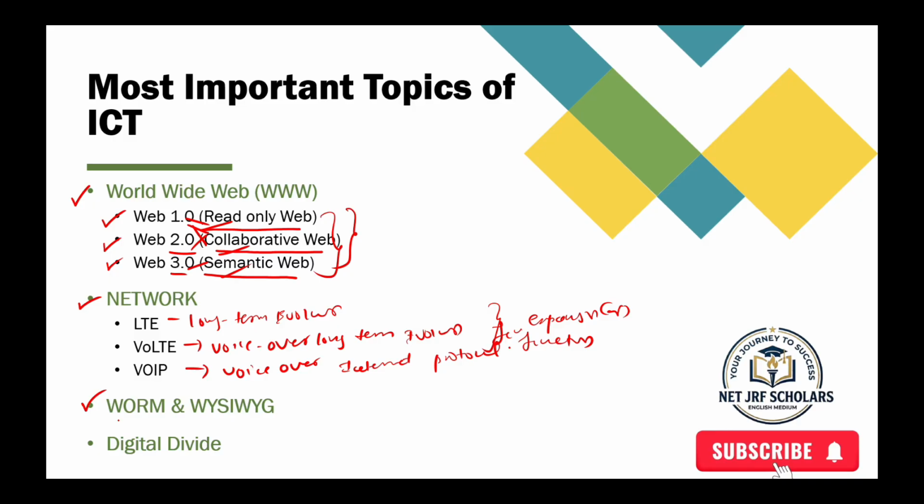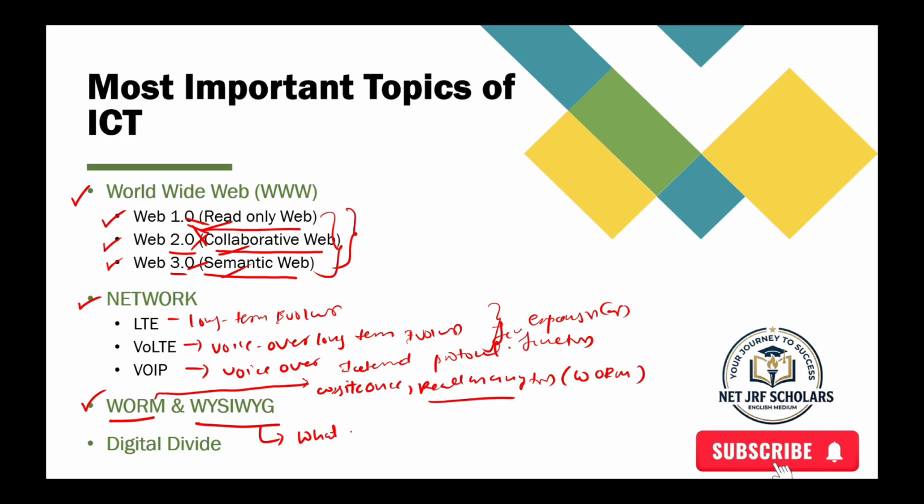And we have ROM. So what is ROM? It is a type of memory. You can only write once and read many times. That is ROM. And we have WYSIWYG.